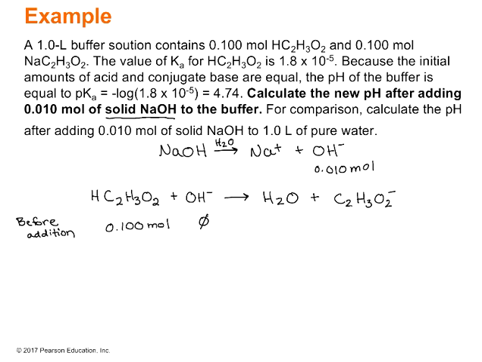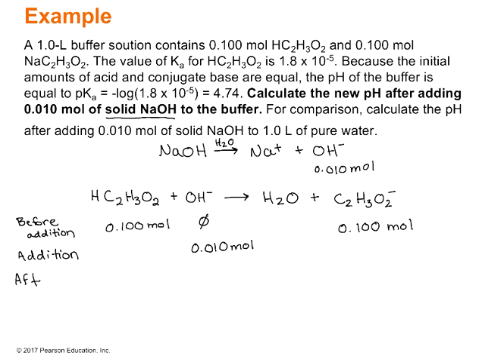We didn't have any hydroxide because this is before the addition of hydroxide. And the amount of base was 0.1 moles, or the conjugate base. Now the addition step involves adding 0.01 moles of hydroxide.